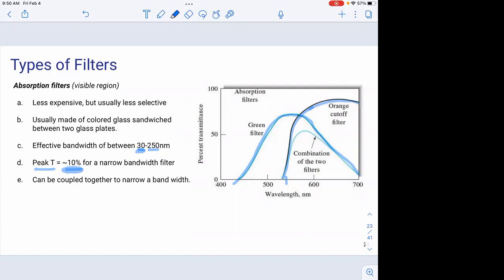And so the idea here is that if you combine these two, you'll have something that looks like this. Okay, so you can combine these in any way that works for you. Notice that again, the total percent transmittance is relatively low because you're taking these two, which are low to begin with, and adding them together, which makes this combination even lower. That percent transmittance efficiency is additively bad in this case.